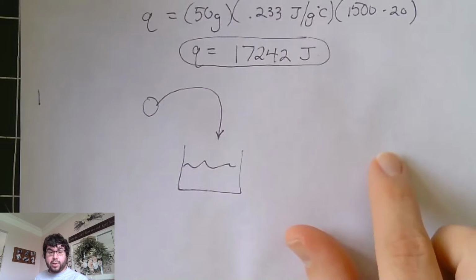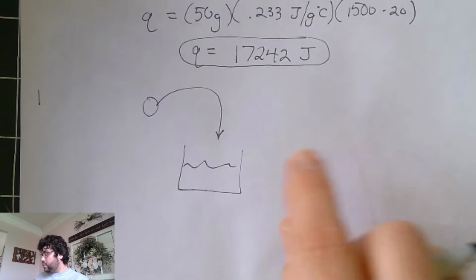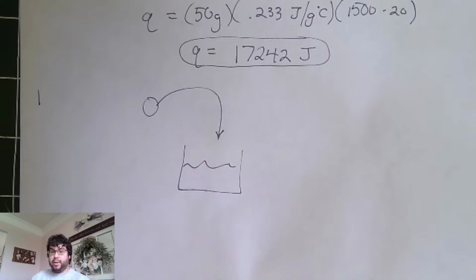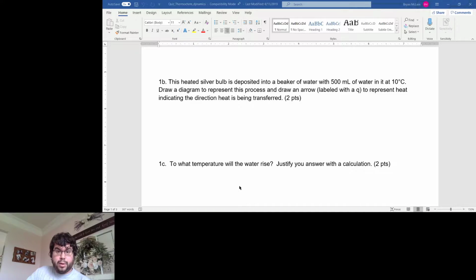Okay, so the water is going to take that heat in from the bulb going in, and we are going to try to calculate the temperature of the water. So it says if you put that bulb into 500 milliliters of water, which is at 10 degrees Celsius, what temperature will the water rise to? And then justify your answer with a calculation.